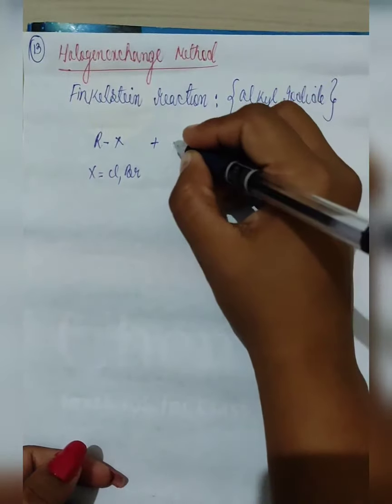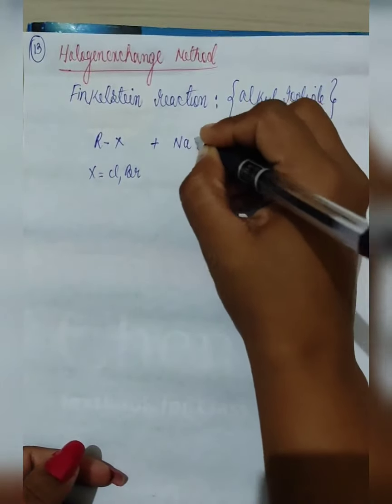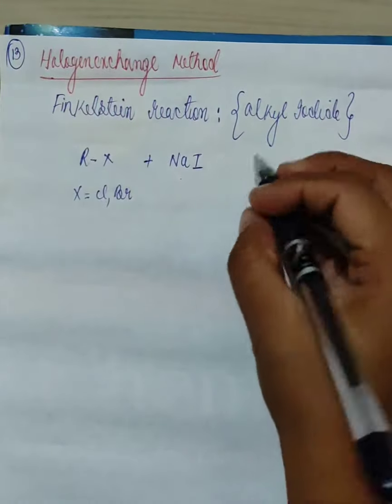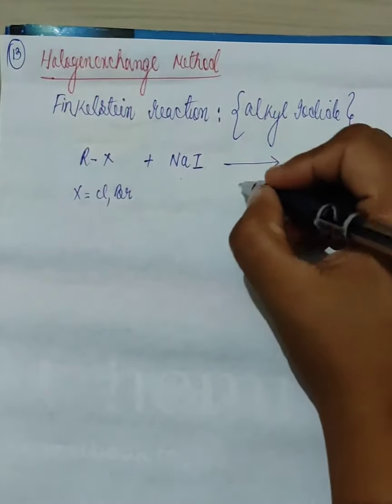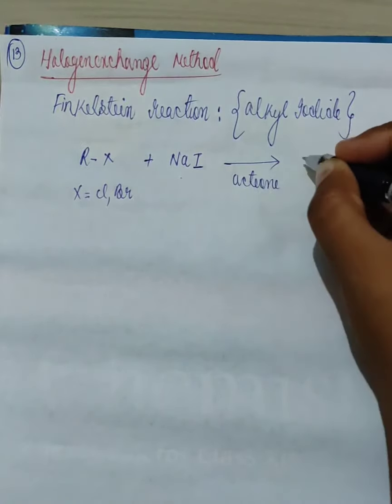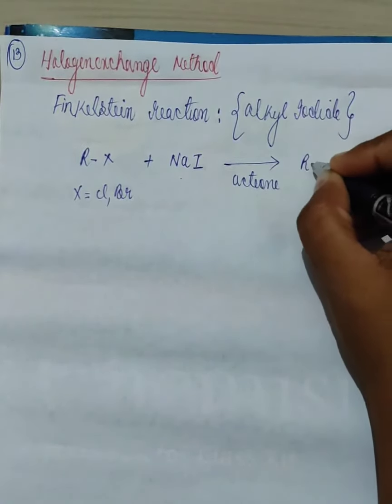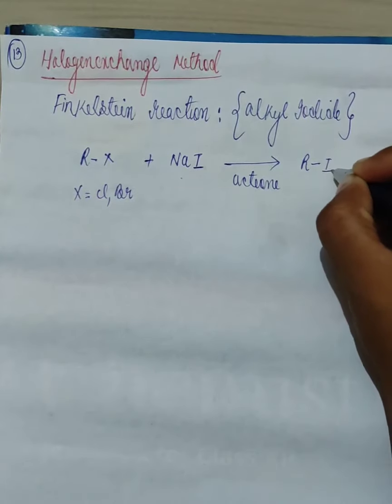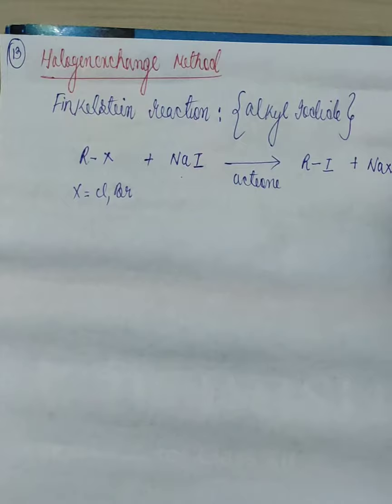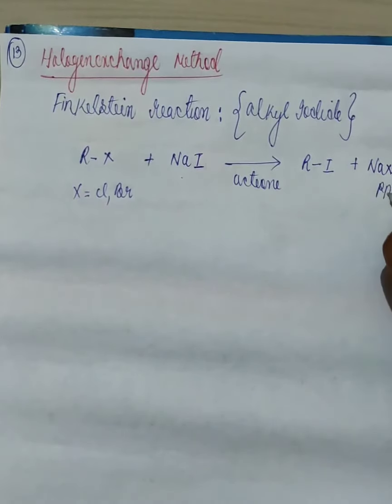Now here, sodium iodide in presence of acetone will give you R-I and NaX as the precipitate.